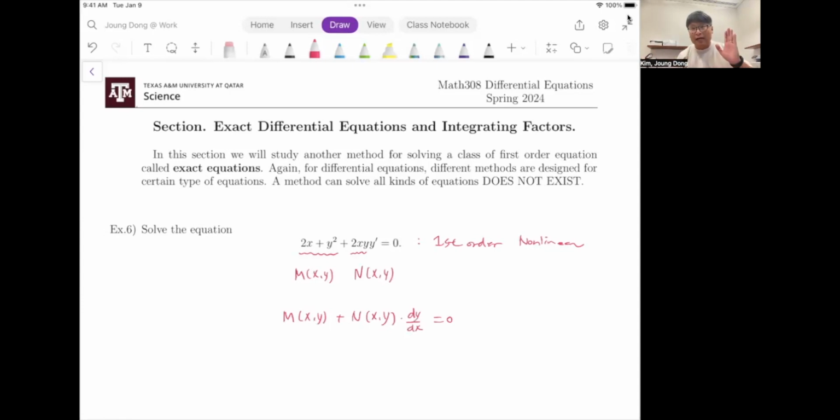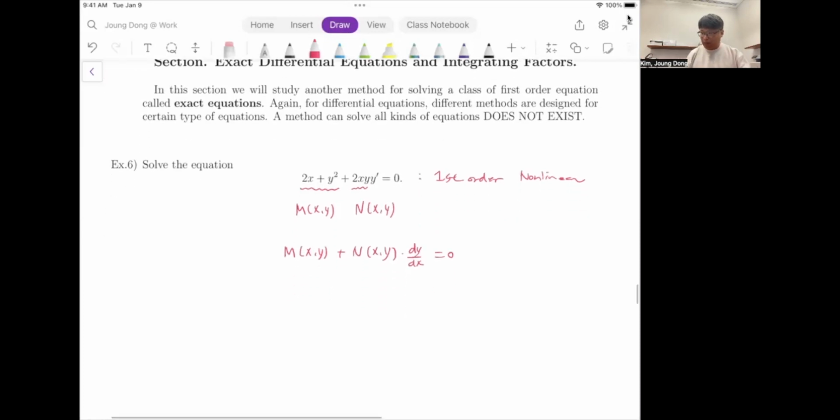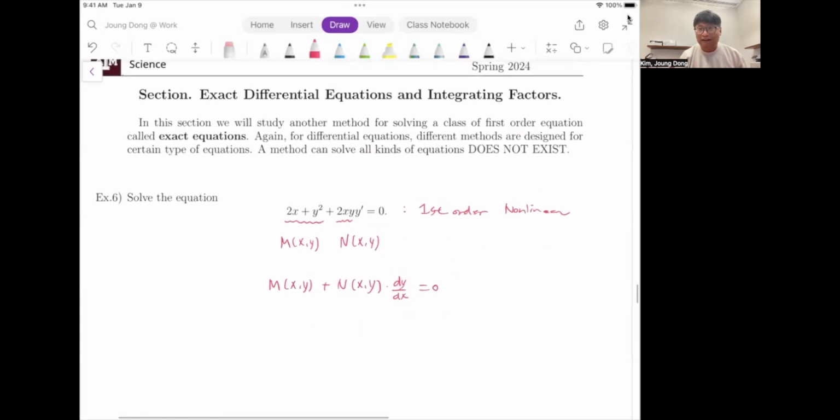Okay. So as I said, we would like to make your left-hand side the partial derivative with respect to x. So if there is a partial derivative of that, we can say your left-hand side, we just assume for now, is a new function named psi.